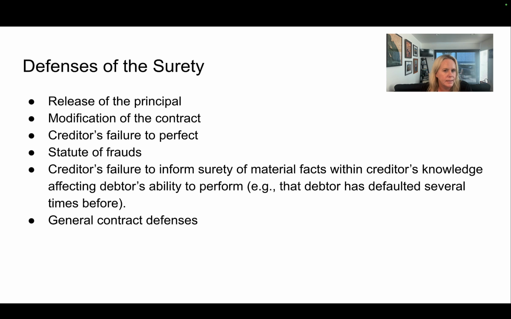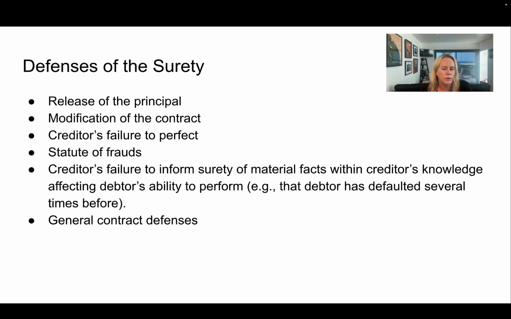So what are the defenses of a surety when a lender pursues them for payment? The release of the principal, that the principal has been released from the contract, and so therefore the surety should be too. Modification of the contract, a creditor's failure to perfect, surety is released via the statute of frauds.